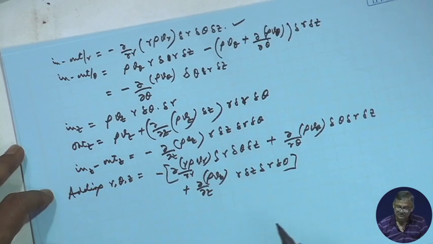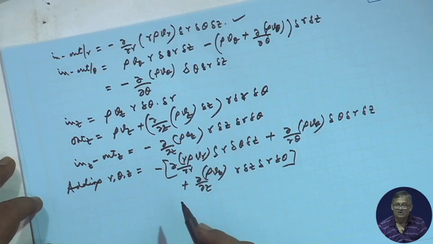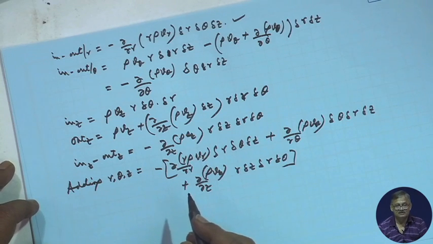So this is on adding all three coordinates r, theta, z.